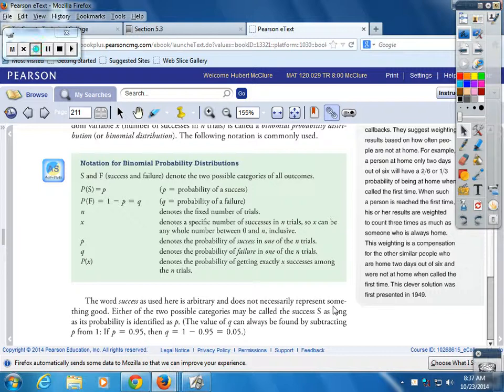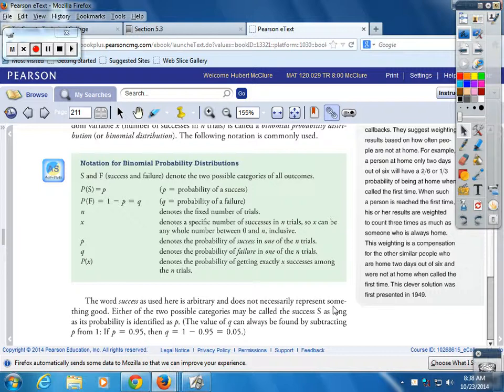Okay, notation for binomial probability. Write those down because you're going to see these in Chapter 5 and Chapter 6. P is the probability of success. And Q is the complement, which means 1 minus P. Now this is going to be very important in the next 2 chapters, so you need to get used to doing it.